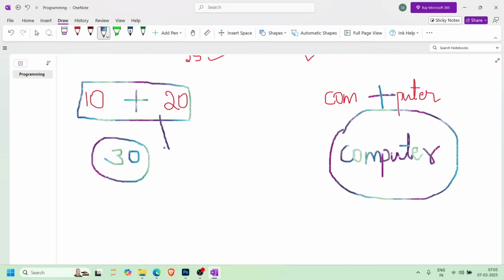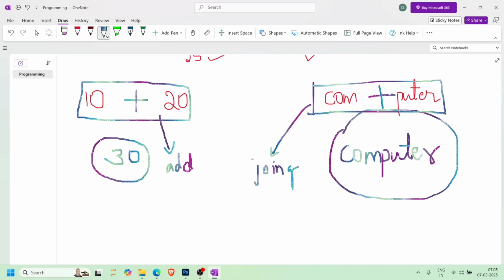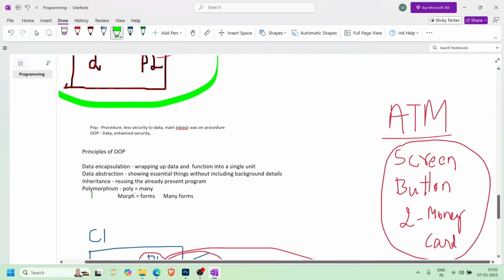Here the plus operator is acting as an addition operator, and here the plus operator is acting as a joining operator. So depending on the situation, this plus operator is changing its behavior. This property of object oriented programming is called polymorphism.